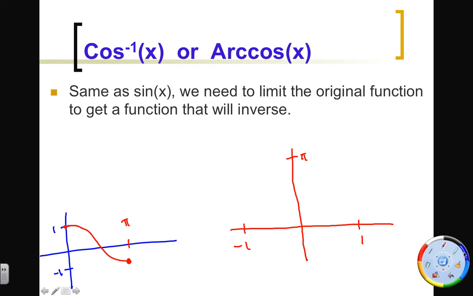And now I'm just going to plot some points. I know that at 0, 1, so I have the point 1, 0. And at pi, -1, so I'm at the point -1, pi. I also need the halfway in here, so that's pi halves. And the fun thing is always trying to figure out what direction I should be graphing.